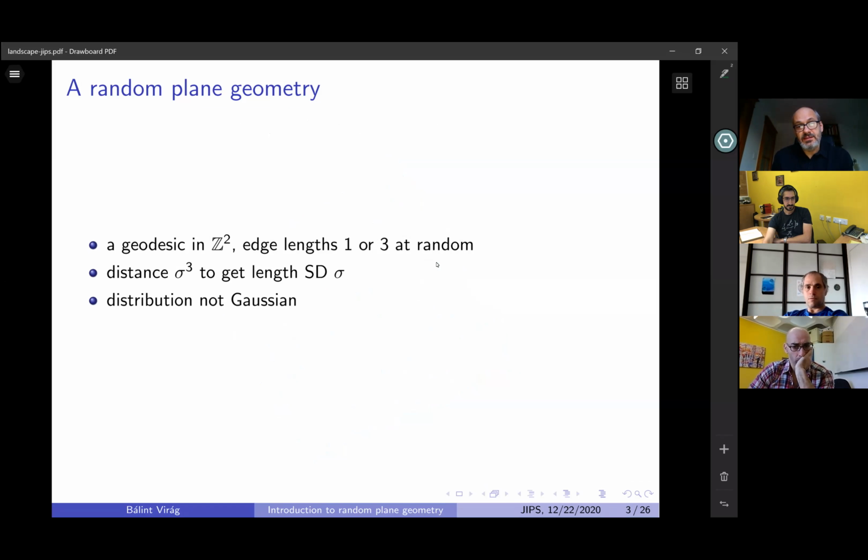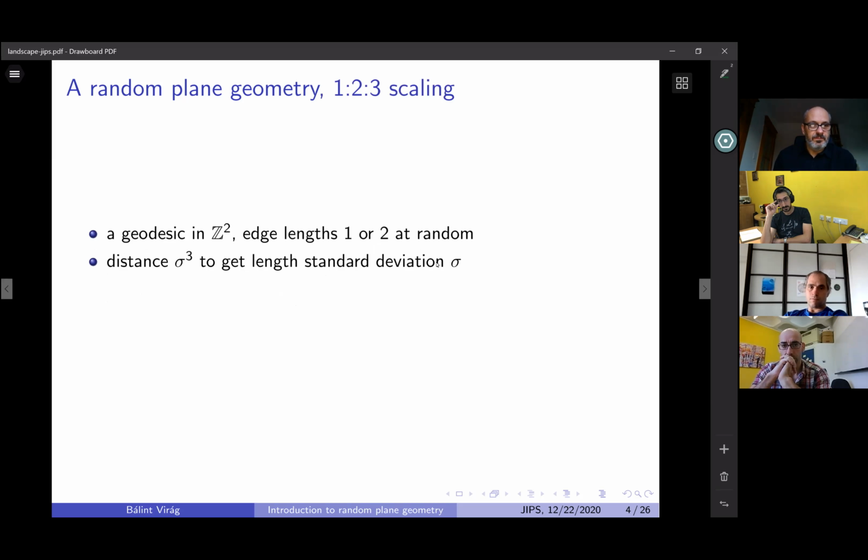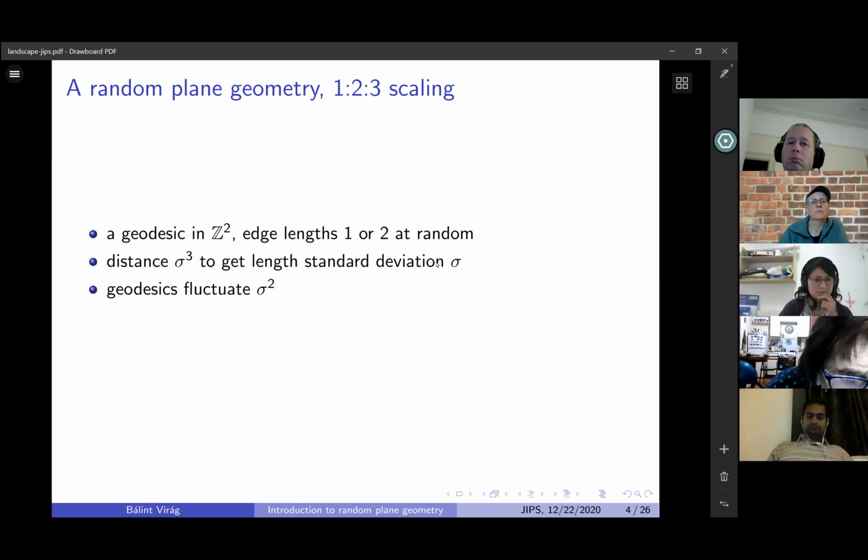What you find empirically is that you have to go about distance sigma cubed away to get standard deviation sigma. And when you look at the distribution of the distance, it doesn't look Gaussian. The geodesics, when you look at them, go about sigma squared away from the straight line.